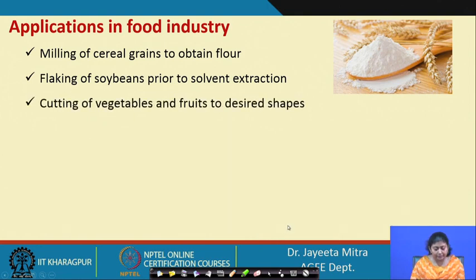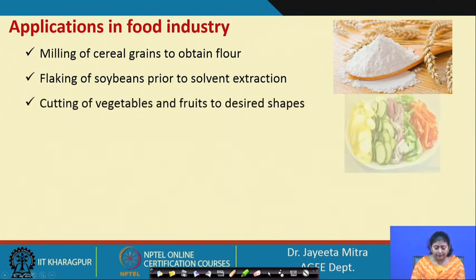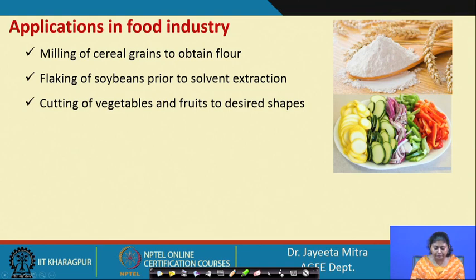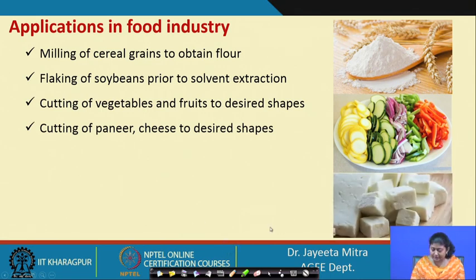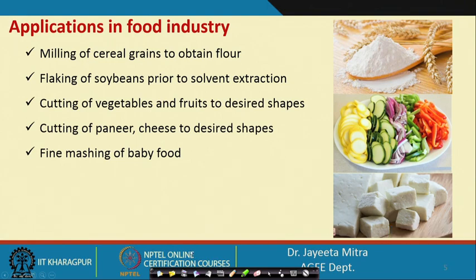Then cutting of vegetables and fruit to desired shape. This is of course done for the preparation of different recipes, and cutting of paneer, cheese, etc., in desired shape. This is also one type of operation where we are reducing the size.